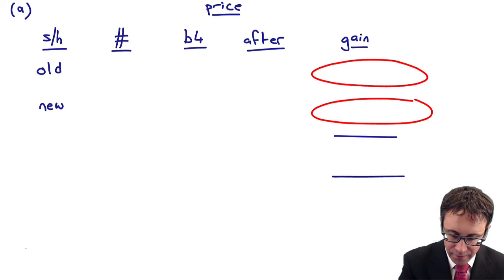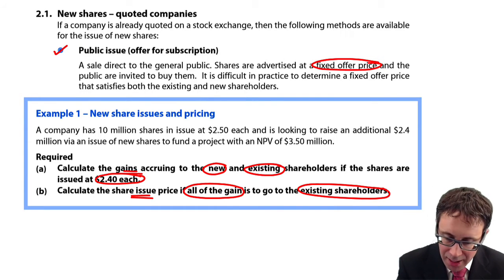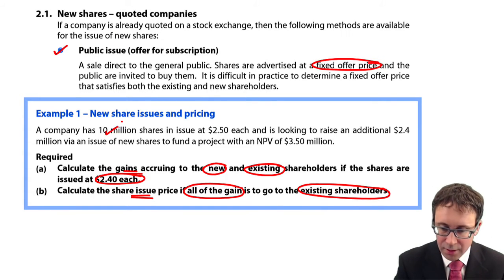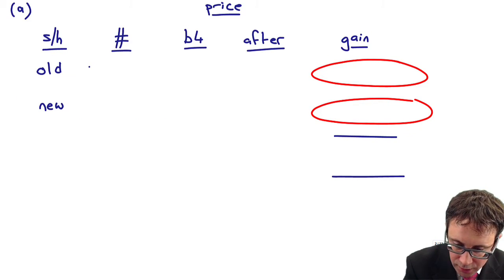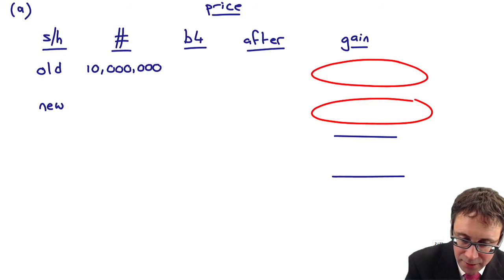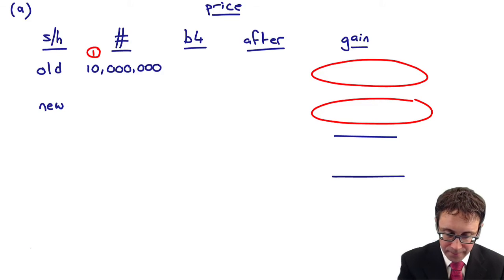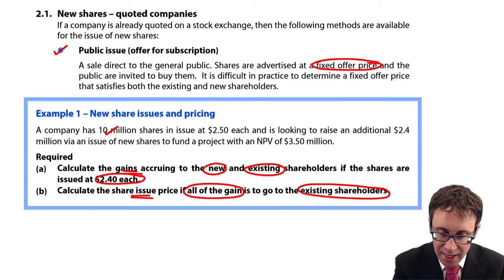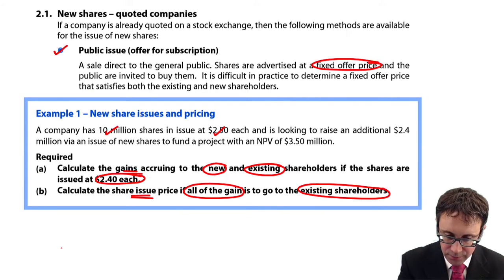So let's go through and read the information within the question. It says that a company has 10 million shares in issue. So if we have 10 million shares in issue, that's the old shareholders. They have 10 million. So that can be the first thing that we look at. It then goes on to say that the shares in issue are $2.50 each.